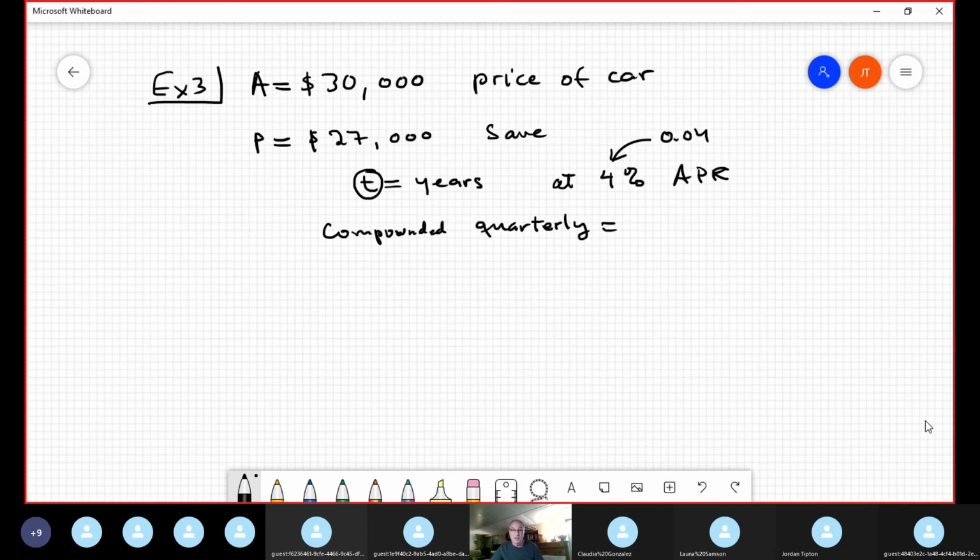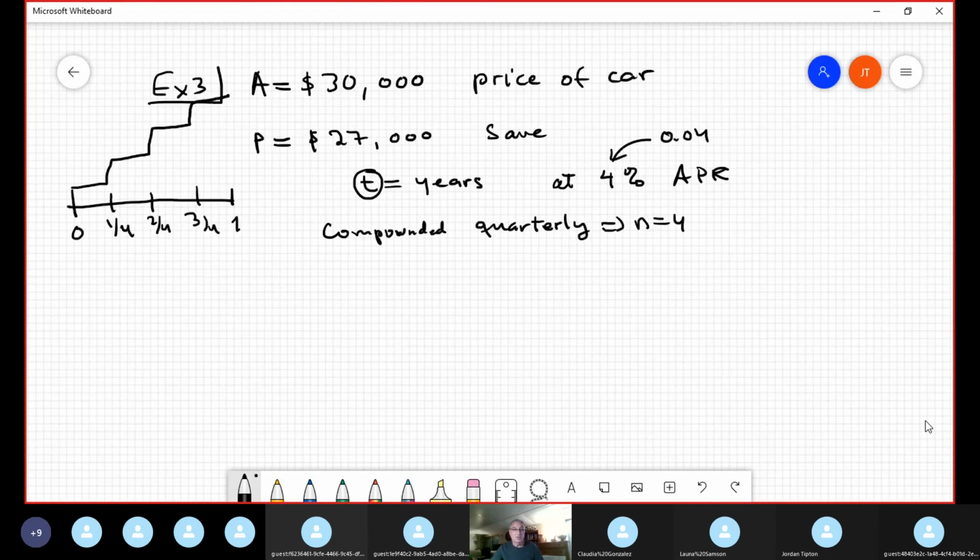And compounding means n equals 4, because in 1 year the money increases quarterly: this is 0, this is 1 year, this is 1 quarter, 2 quarters, 1 half, 3 quarters, and 4 quarters. So my formula again is this formula.